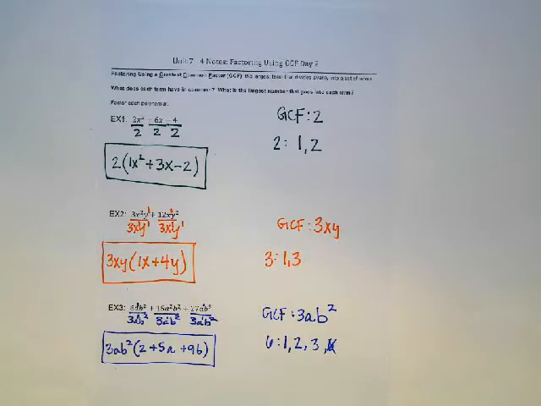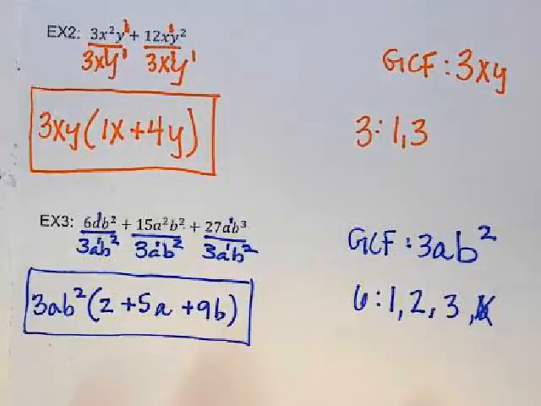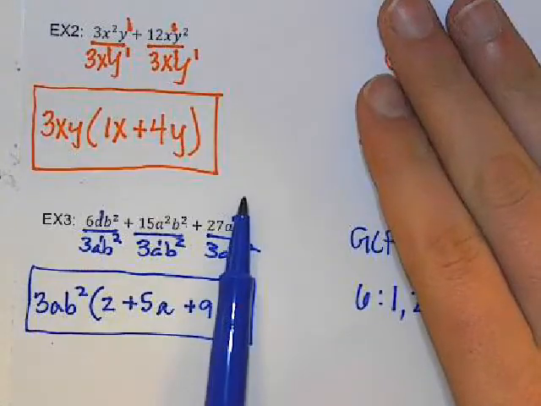Look at your notes. Can there be parentheses from the start? No. Only in the answer. Okay, here, let me ask you this question. Let's say I had this problem, right? What if this 27 didn't have a B on it?